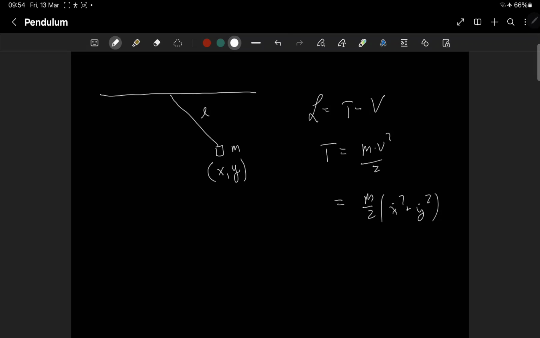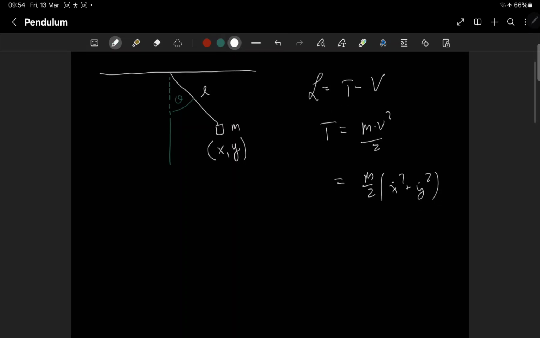So how can we find the kinetic energy, x dot and y dot, basically? So the way to do it is to drop a line over here and to consider this angle theta. So we're not going to use x and y as the generalized coordinates, but we're actually going to use theta.